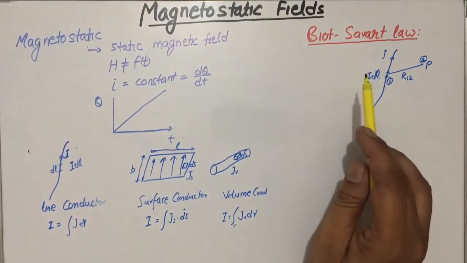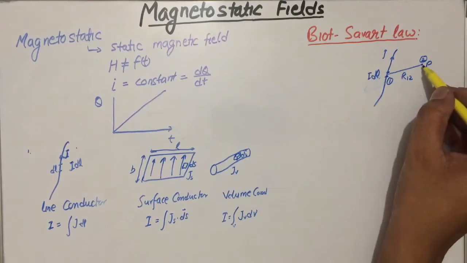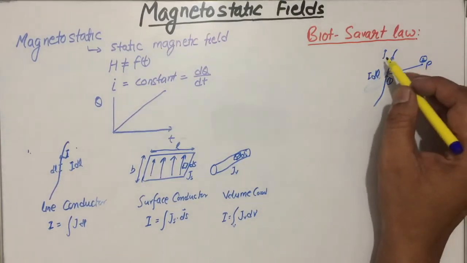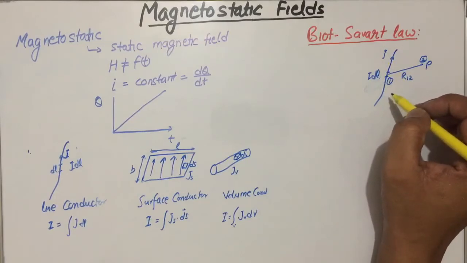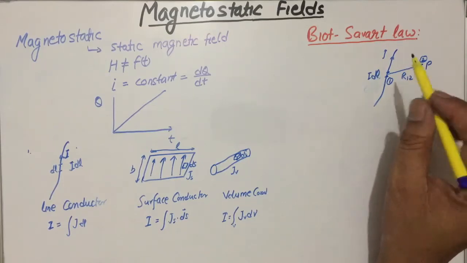As the Biot-Savart law finds the magnetic field intensity H at any point due to a current carrying conductor. And if we define the magnetic field, then we can relate it from the electric field.